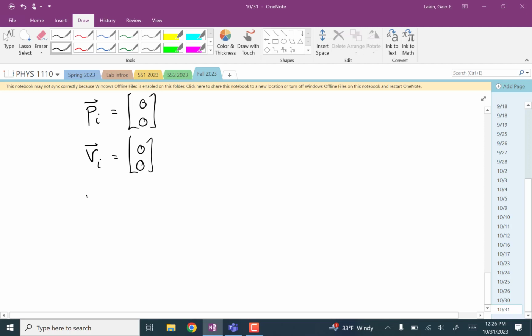But the equations that'll work, we can use vfx is equal to vix plus ax tf. And we can use vfy is equal to viy plus ay tf.